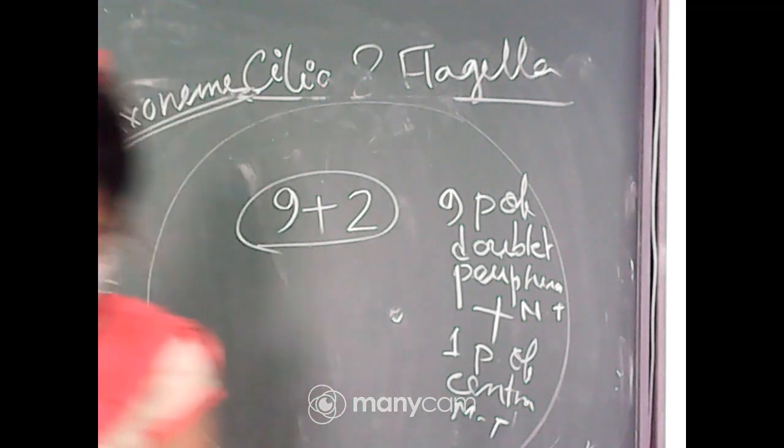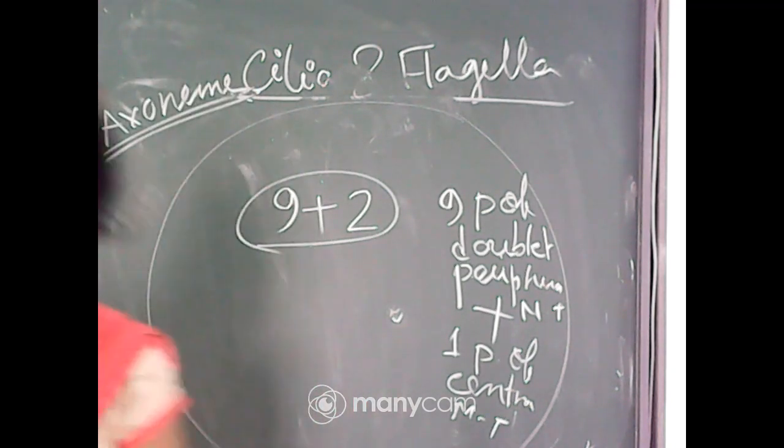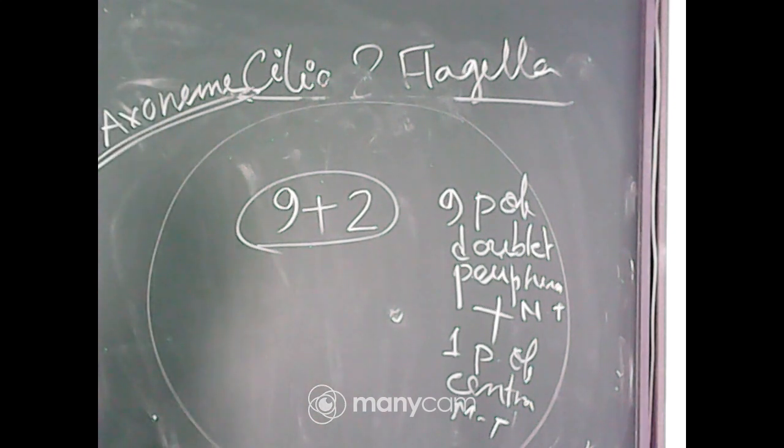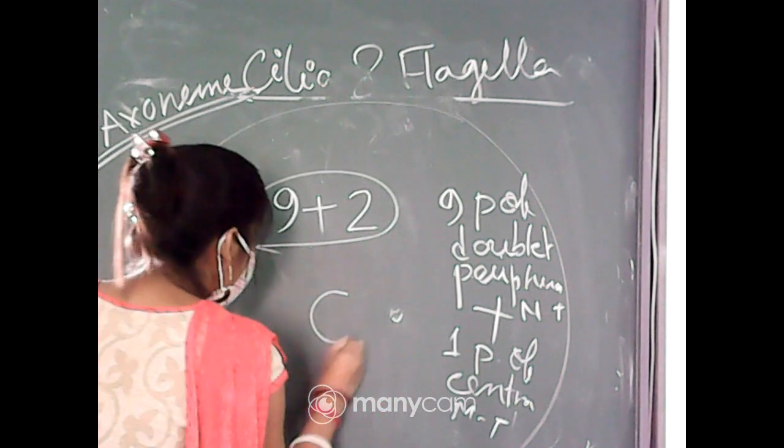Now, we have to know how those 9 doublet microtubules look. It looks like that.